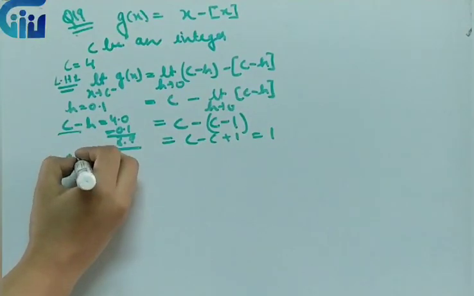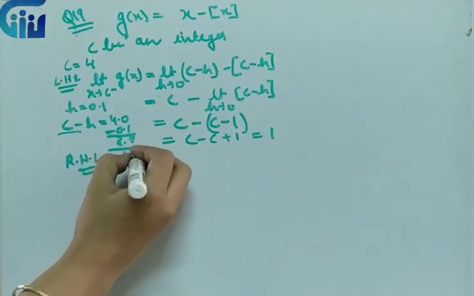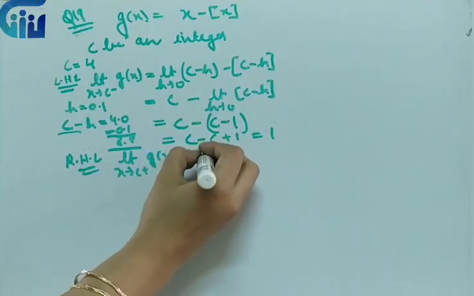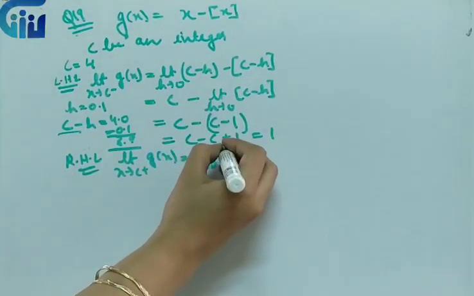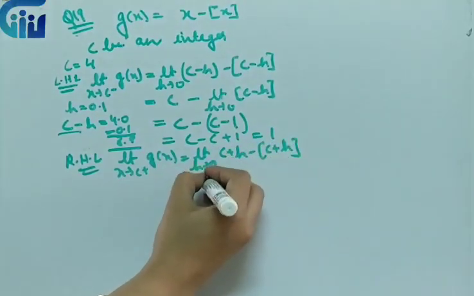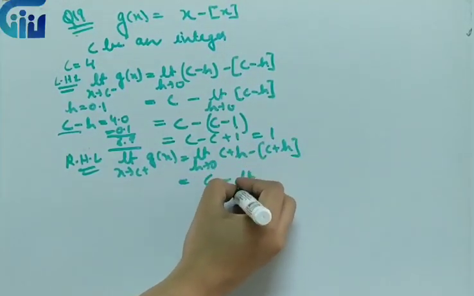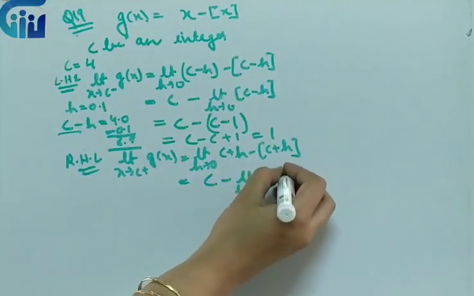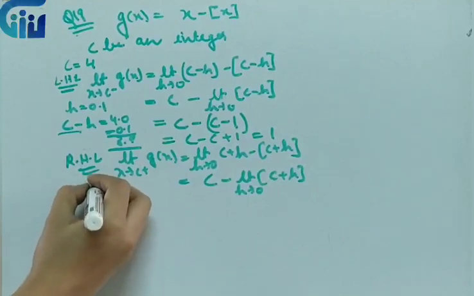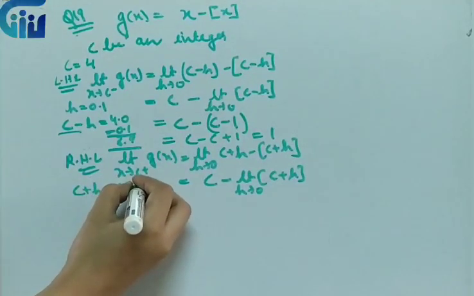Just see the right hand side. If I see the right hand side, it is limit x tending to c plus of g(x). This is limit h tending to 0 of c plus h minus c plus h, right? Over here it is c, and just try to understand again. This is h again, this is c plus h, so 4 plus 0.1.